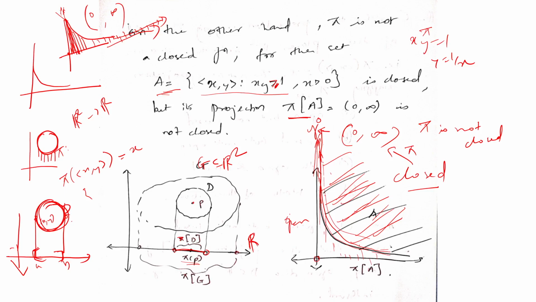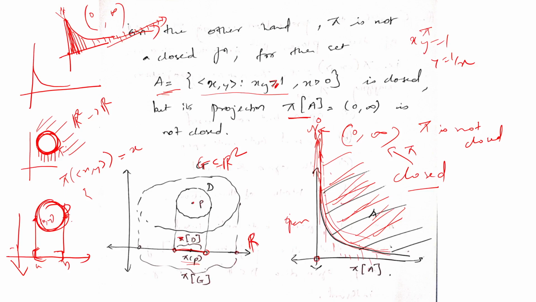If it looks like a plate coming out of the screen, then only you are getting these 2 points. But it is in this plane, on this paper, on the screen. Yes, in R2. This screen is R2, right?